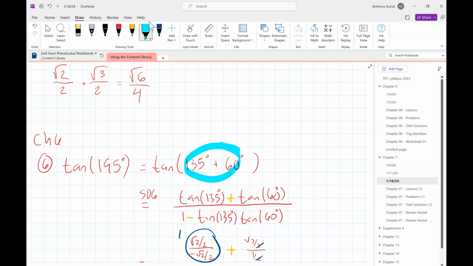You could have done lots of stuff there. There's not just one way of doing that. You should get the same answer regardless of how you constructed 195, as long as you used unit circle angles.